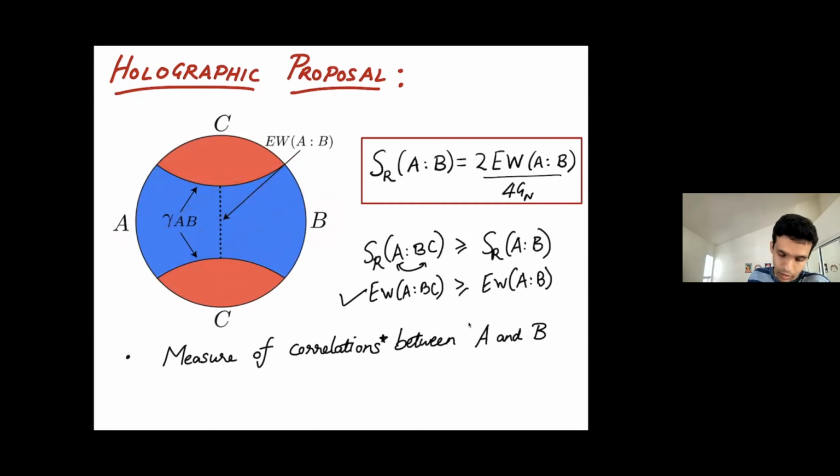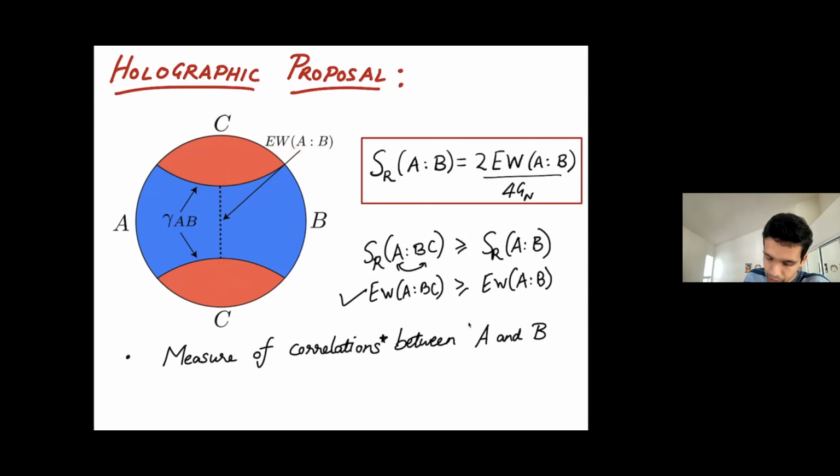And so then we can define the entanglement wedge cross section. The entanglement wedge cross section is the minimal surface that splits the entanglement wedge into two parts, one which is homologous to A and one which is homologous to B. And the minimum such thing is what we call EW of AB.